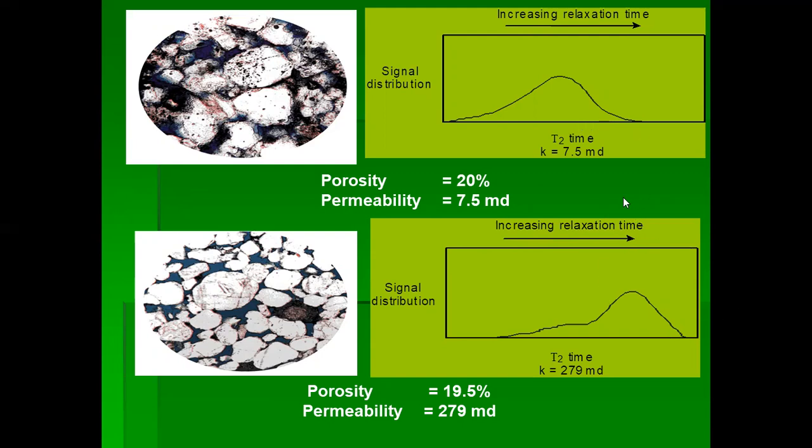So as we have a shift toward the larger relaxation time, or towards the right, we will have larger permeability. As we have more shift towards the left, we will have more capillary water and more irreducible water, and so less permeability here.